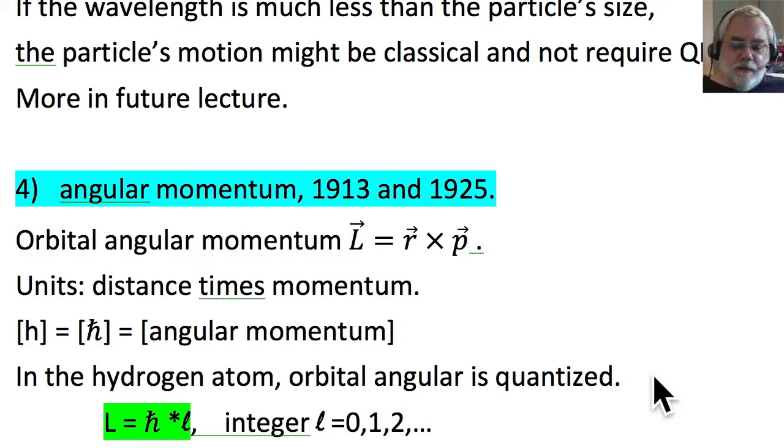It's a momentum around the orbit. And it turns out that if you calculate angular momentum in the Bohr model, it can only have certain values. And they're quantized in units of h bar.